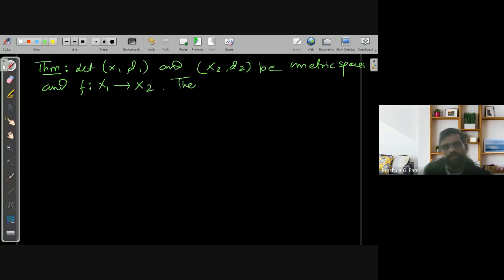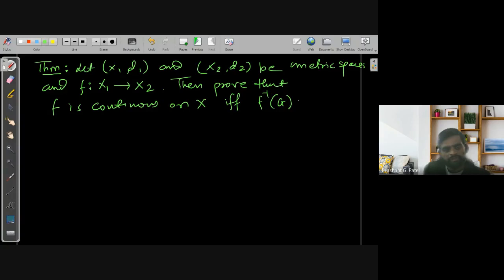Then prove that f is continuous on X if and only if f inverse of G is open in X1 whenever G is open in X2.